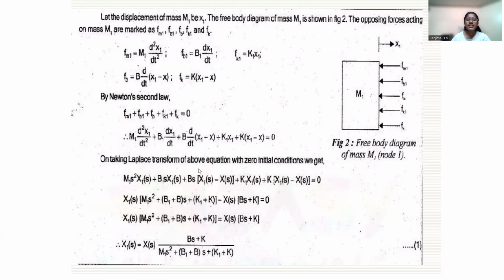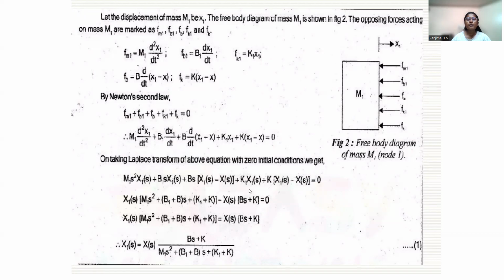Next, on taking the Laplace transform of the above equations with zero initial conditions, we are going to apply the Laplace for this equation. For d square x1 by dt square, we get s square into X1 of s, plus for b1 into dx1 by dt, we get b1 into s of X1 of s.